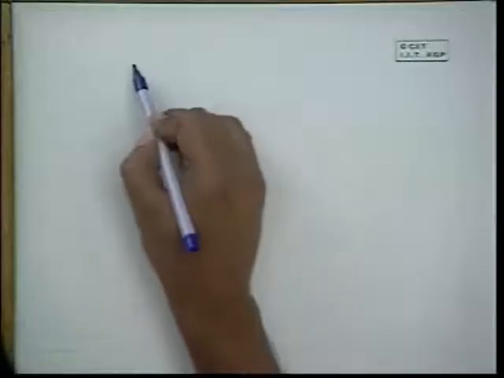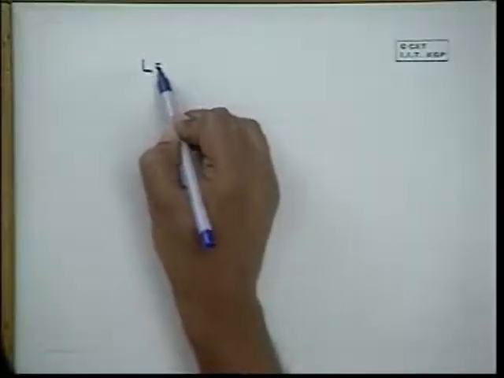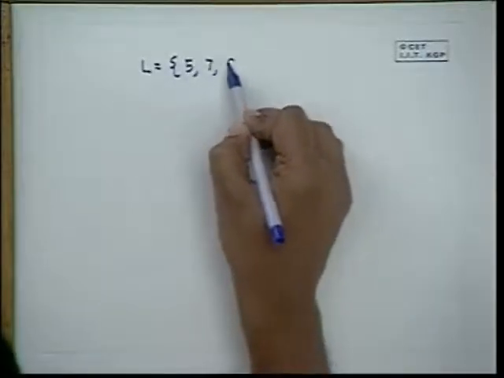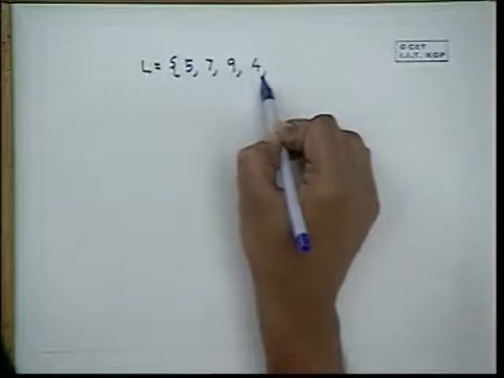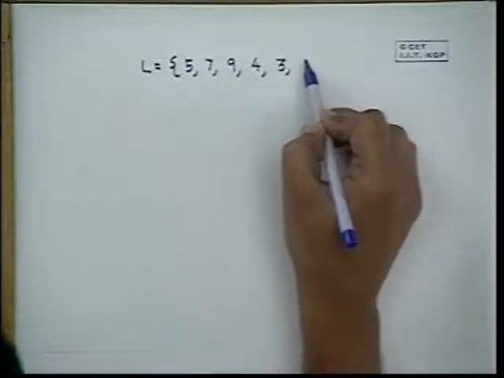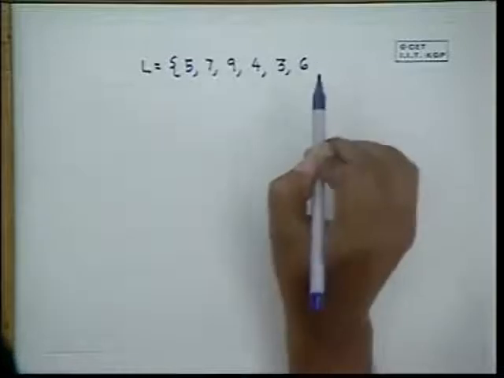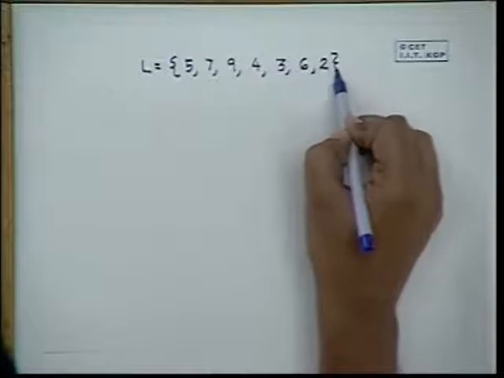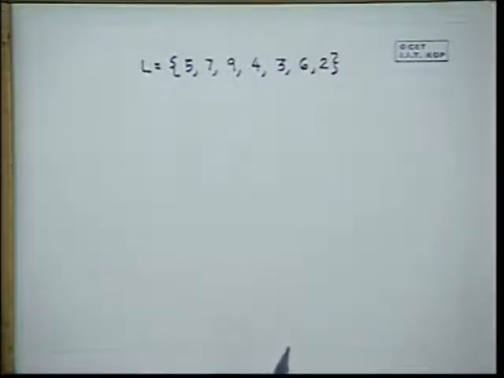And I do not want to go into the recursion tree of this, it's obvious. Suppose I have got a list L of elements 5, 7, 9, 4, 3, 6, 2, and I break up this list to solve.